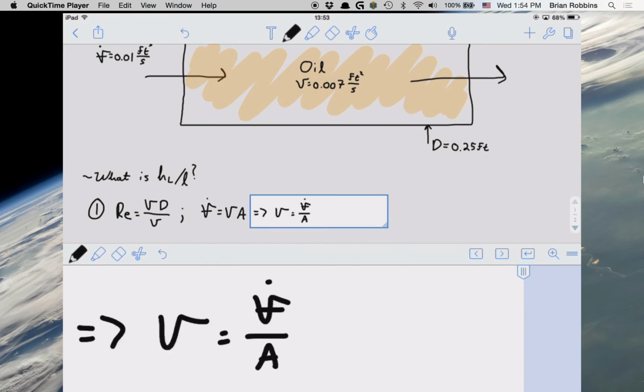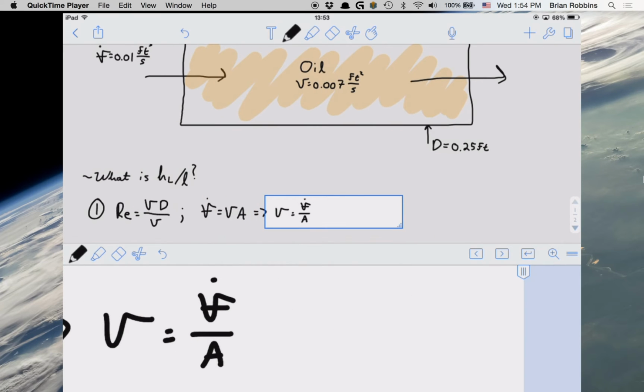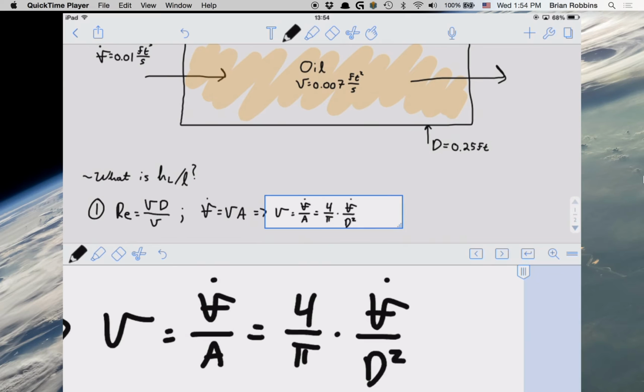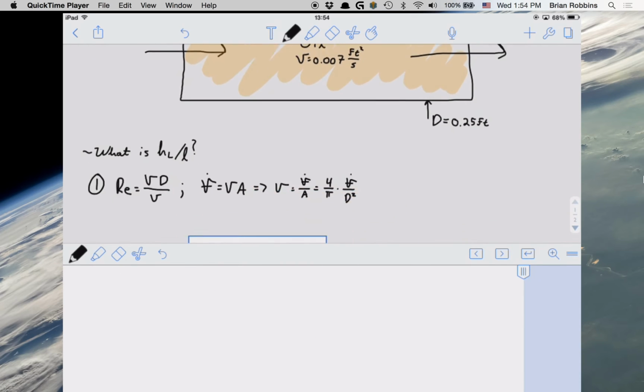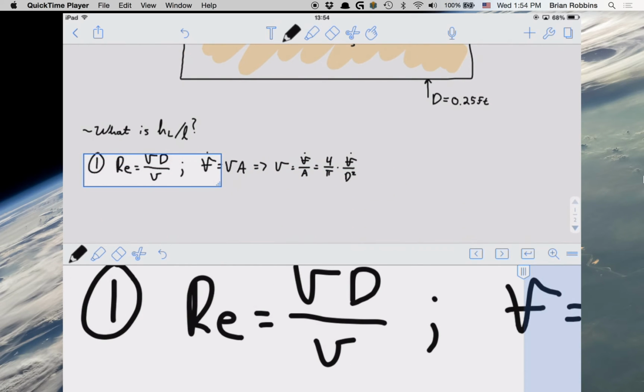We can further expand this by replacing our area with pi over 4 d squared. What we end up getting is 4 divided by pi times V dot divided by our diameter squared. So now we have our velocity in terms of quantities that we know: our volumetric flow rate and the diameter of our pipe. We can plug this expression into our expression for Reynolds number.